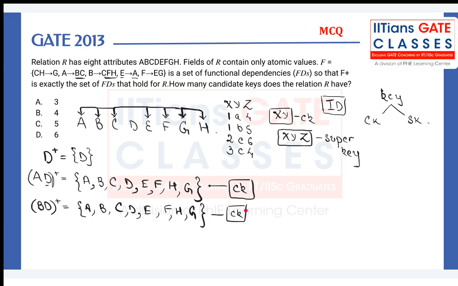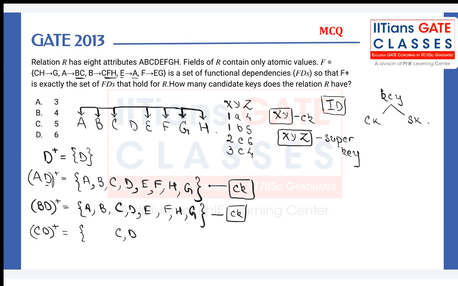Okay. Now let's come to CD plus. See, you might think it's taking time, but it will not if you have practice. I can do this in 30 seconds. It's very simple. So CD plus gives me either C or D. What else?